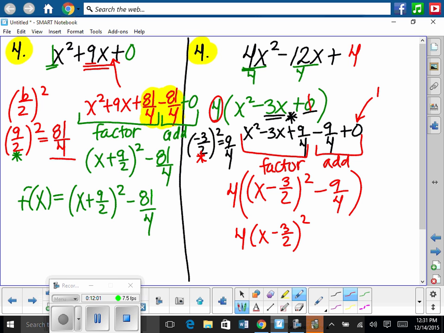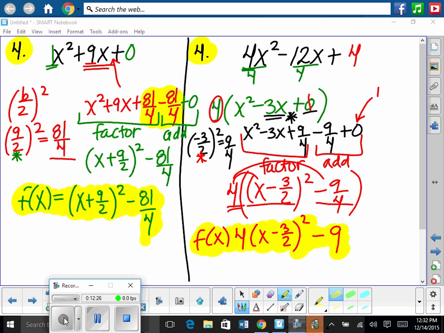In fact, we couldn't put the 4 inside, because then we'd be squaring 4, which is incorrect. But we've also got to multiply that 4 through times negative 9/4. If you need to, you can do it in your calculator: 4 times negative 9/4 gives you negative 9. Now we've distributed our 4 through to each piece, so we're good. This will be our final answer here.